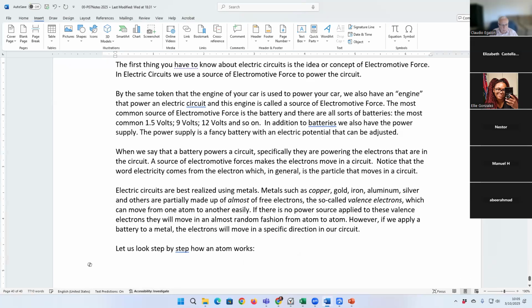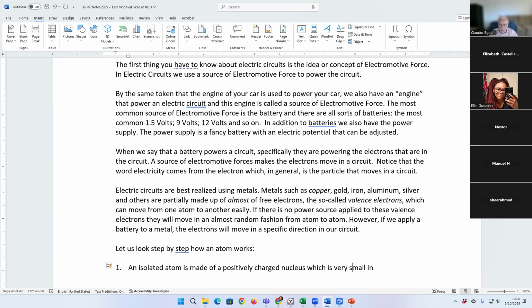One, an isolated atom is made of a positively charged nucleus, which by the way is very small in size.